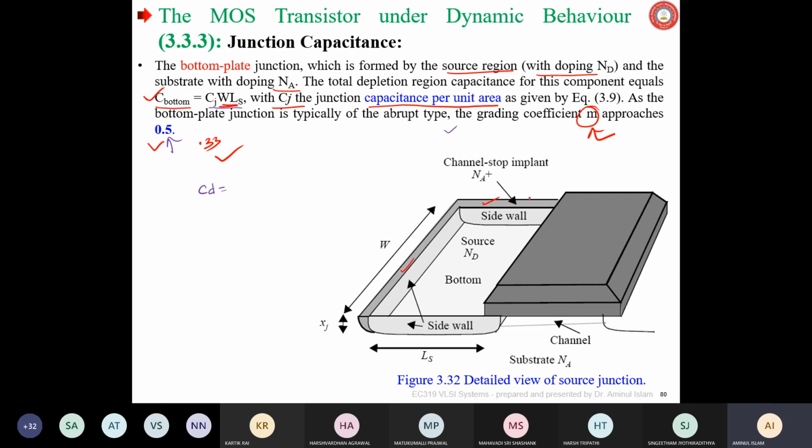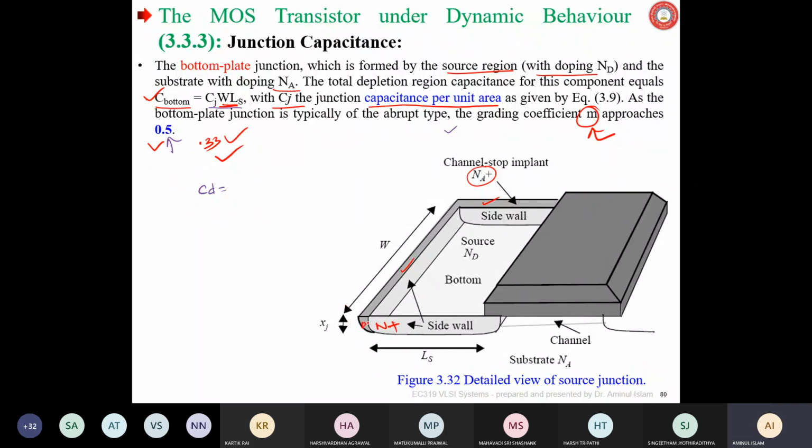Front side is not visible, it is N plus type. Okay. So both the sides are quite highly doped. Already N plus is here, and this is also P plus. So both sides are heavily doped. It is not abrupt. So this may be applicable for that.